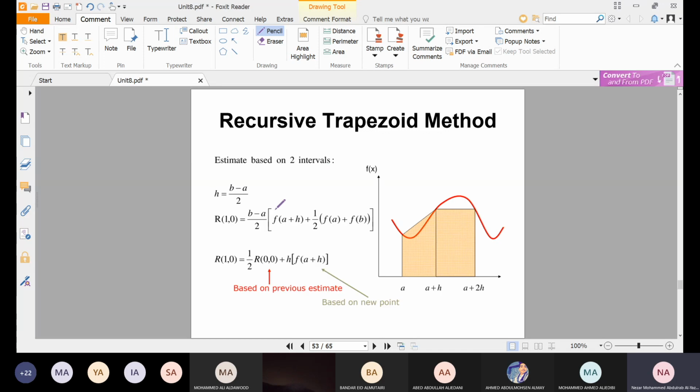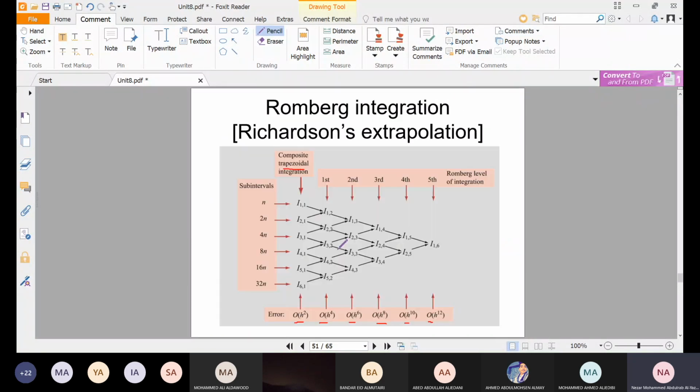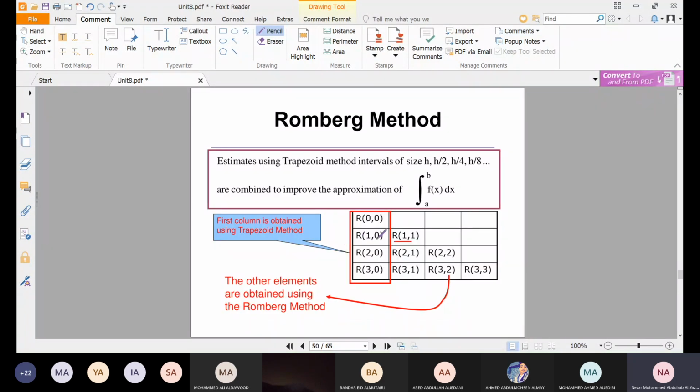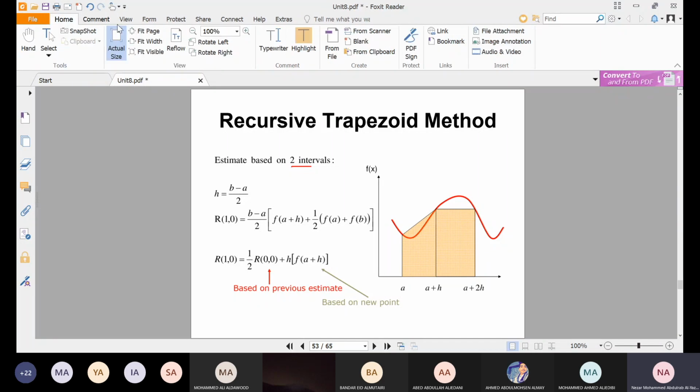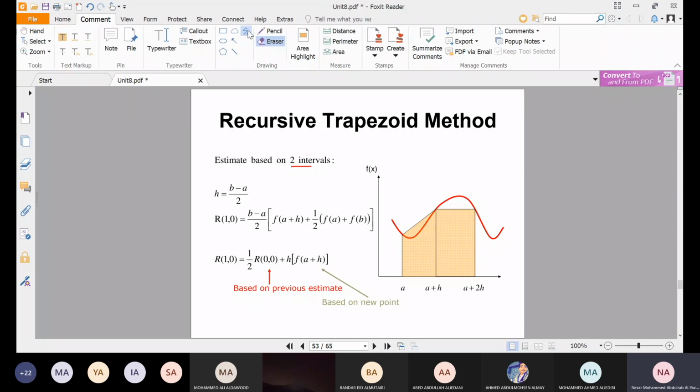The second step is when we have two intervals. This is to compute the value R10, this second term. Here we have two intervals, so H equals (B minus A) over 2.